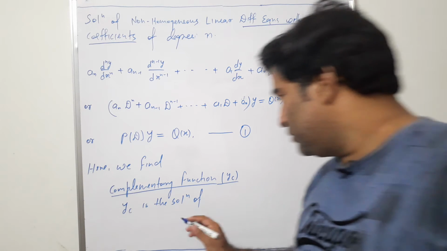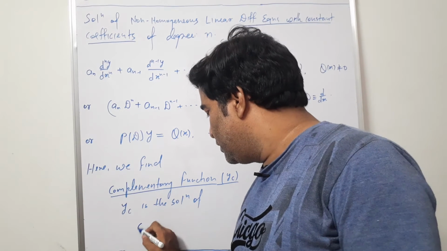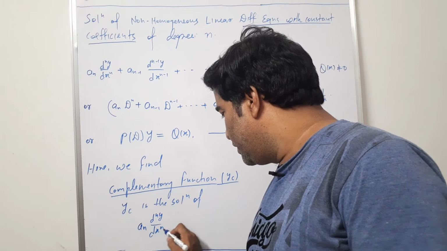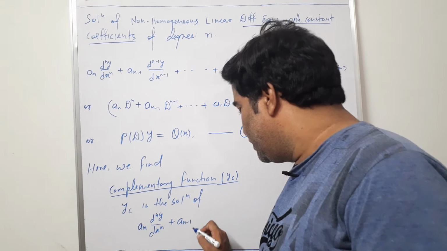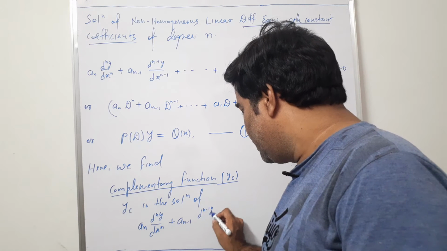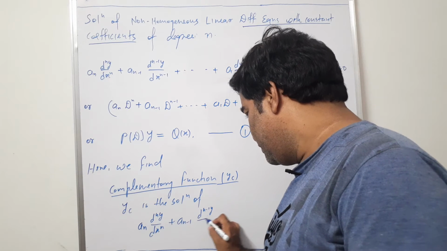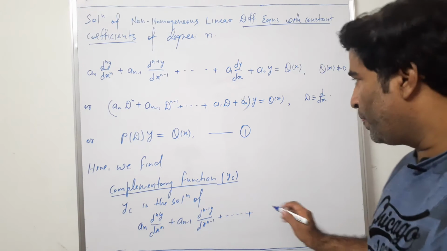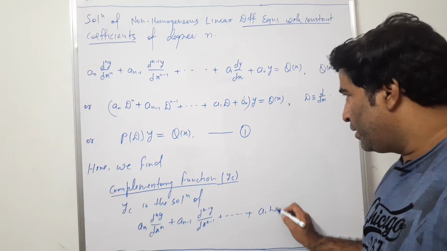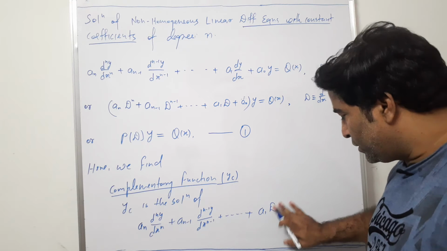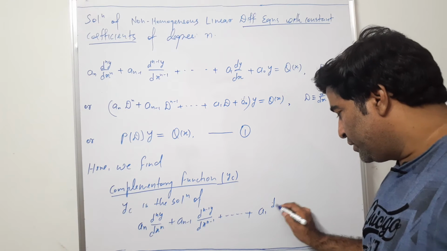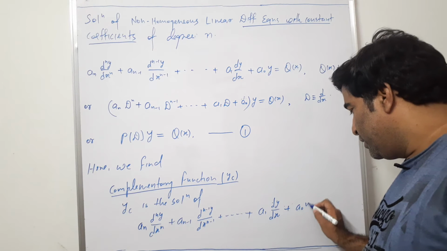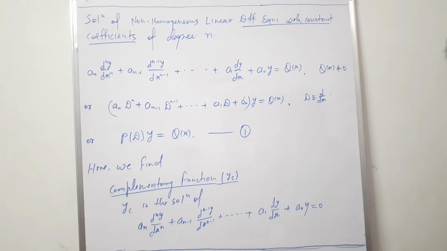So the solution of a_n d^n y over dx^n plus a_(n-1) d^(n-1) y over dx^(n-1) plus and so on, plus a_1 derivative plus a_0 y is equal to 0.